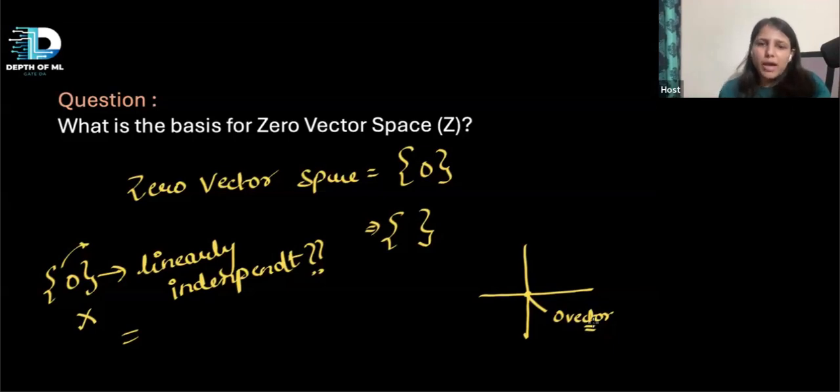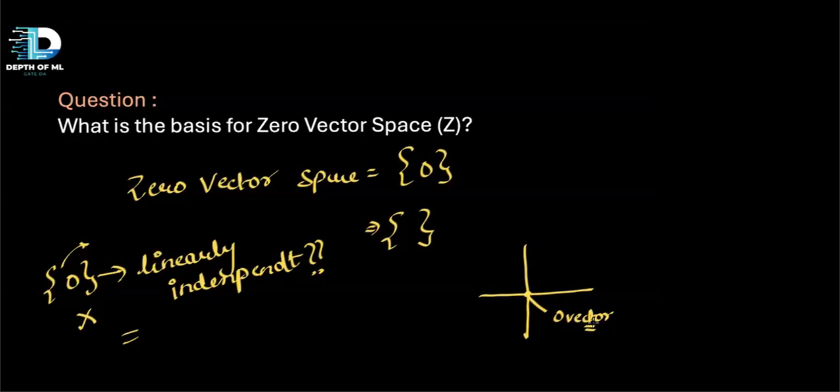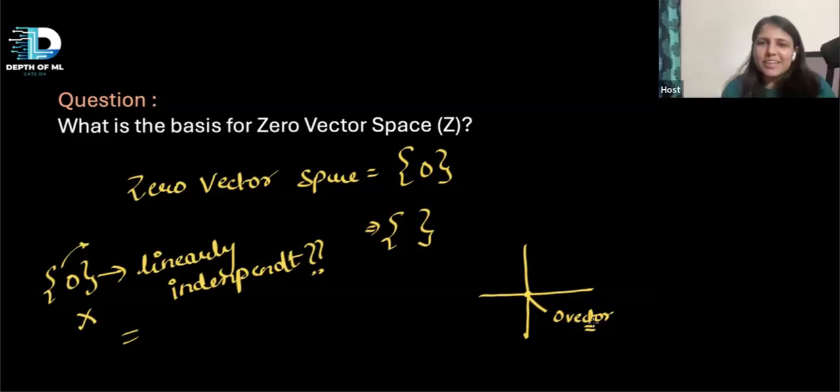But if you change your angle of thinking, I have only the zero vector in this particular set, and the zero vector is linearly dependent. So what is left is an empty set to be the basis of this vector space. Makes sense? It's slightly subtle, very non-technical, not very explainable, but if you go technically, then it makes sense.